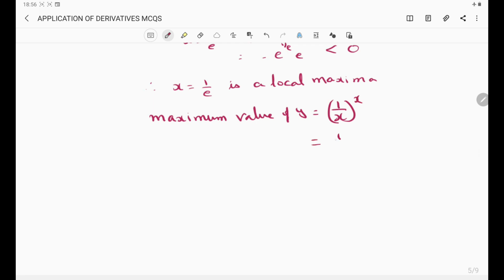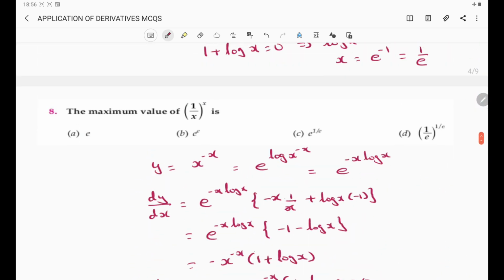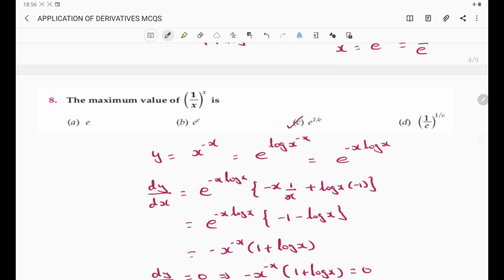So it is 1 by e whole to the power of 1 by e, which is e to the power of 1 by e. So this is the maximum value of y. So option C is the correct choice. e to the power of 1 by e is the maximum value of 1 by x whole power x.